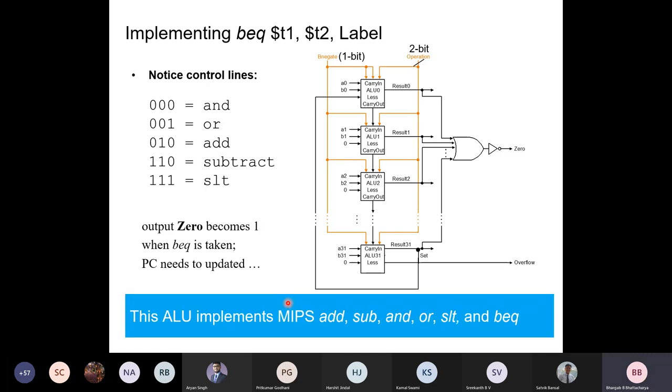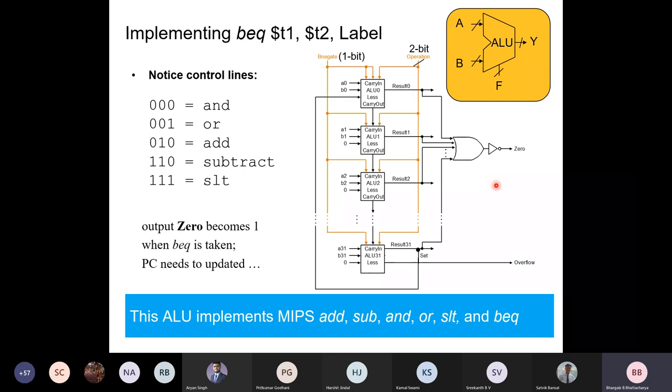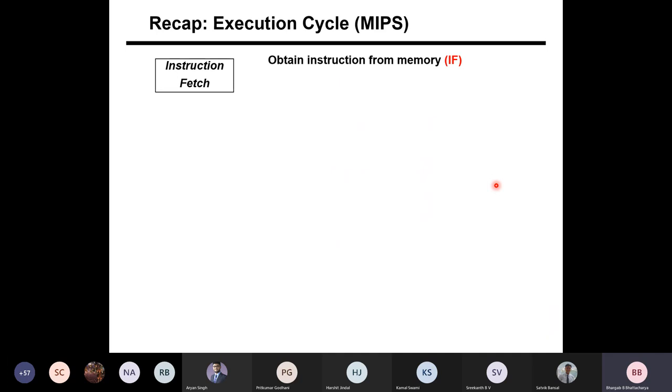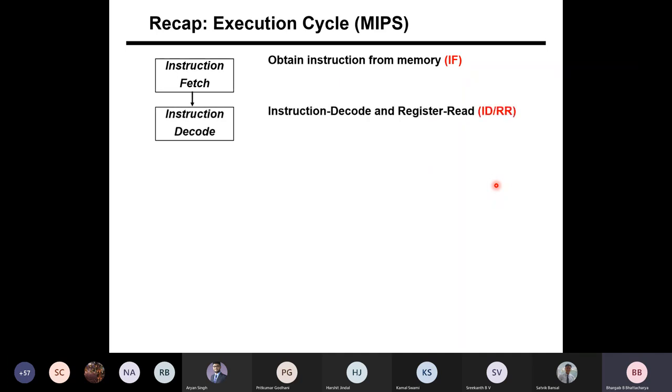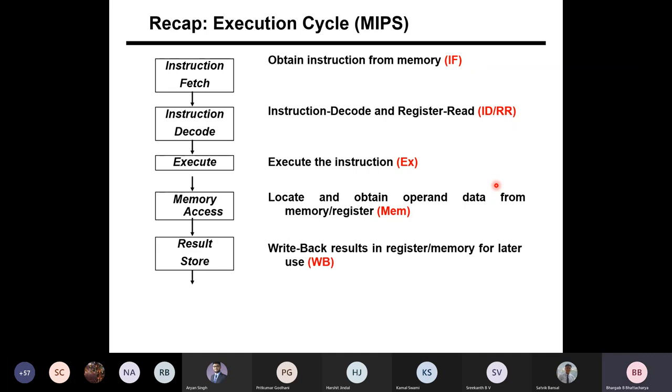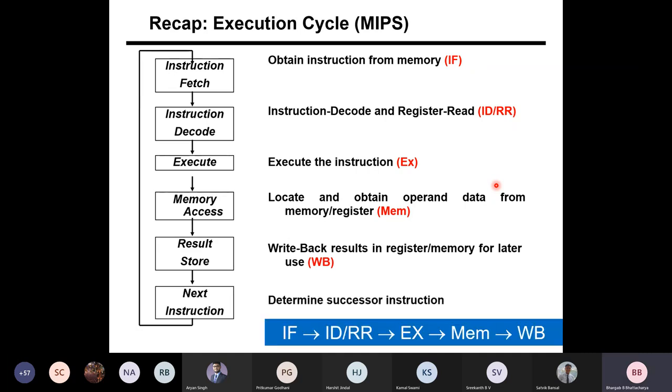Okay, so we are done with this simple set of instructions, and this is symbolized as this module. Well, we recap the execution cycle that we have: instruction fetch, then decode and register read, and then you execute the instruction, and then memory access, result store, and next instruction, and keep on doing this.